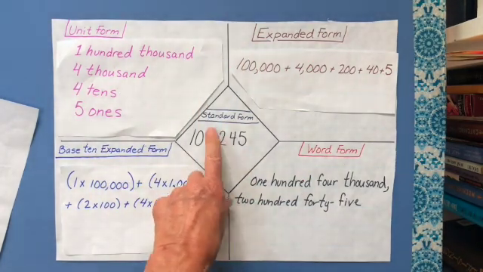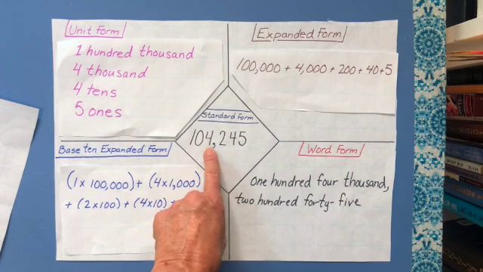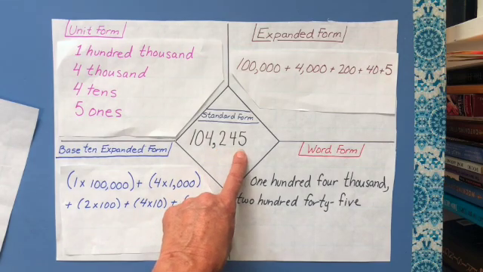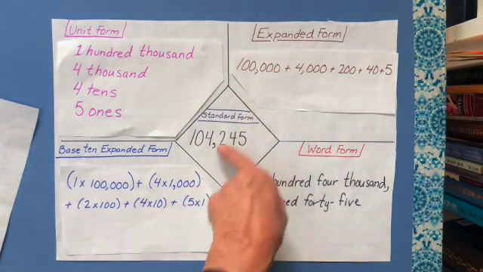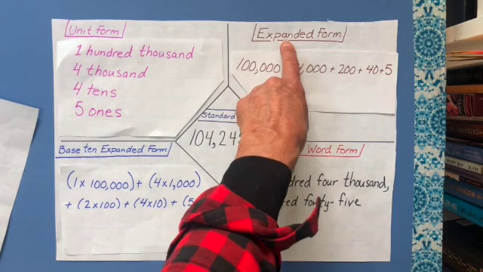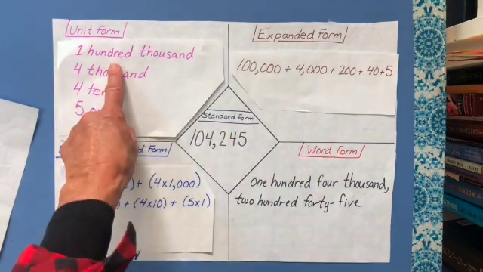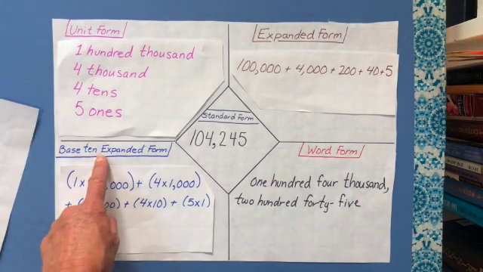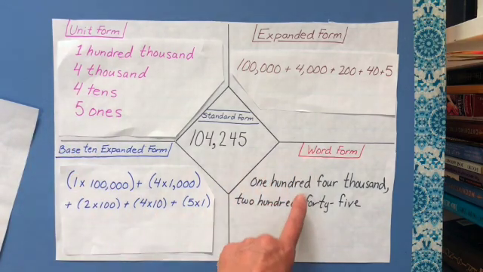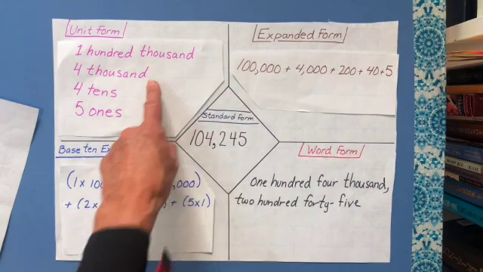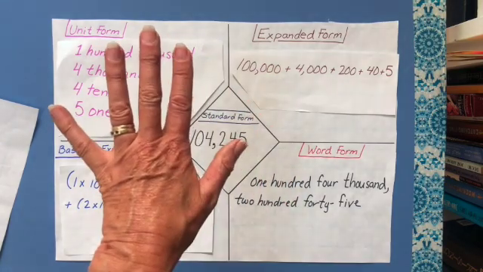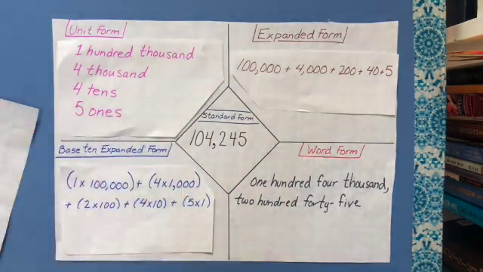The first way was standard form, which is 104,245. Then we had the same number written in expanded form, which is here, in unit form, which is here, base 10, like we said before, is here, and word form. So there's 1, 2, 3, 4, 5 different ways to write one number. Thanks. Bye.